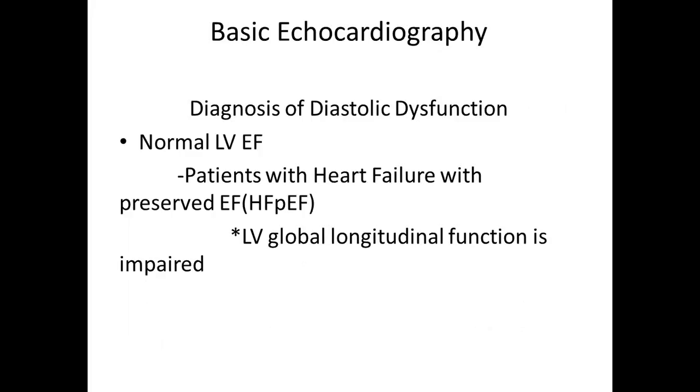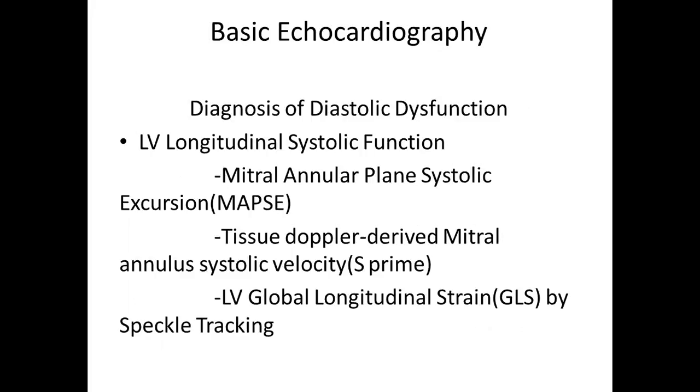What we mean by that is, remember, when the heart contracts, the mitral annulus moves up towards the apex of the heart. That is reduced. The LV longitudinal systolic function, you can assess using what we call MAPSE, the mitral annular plane systolic excursion.